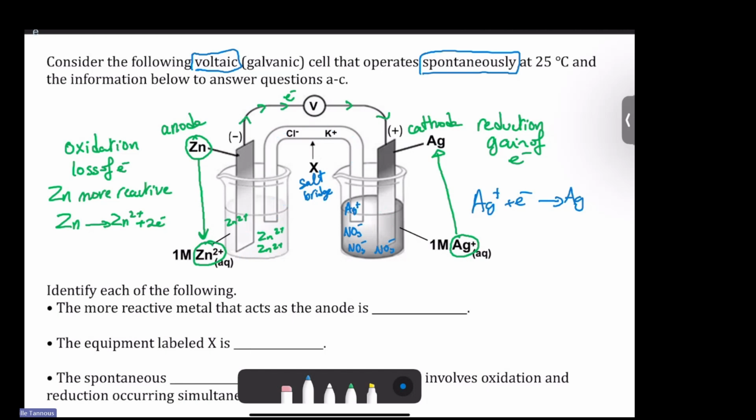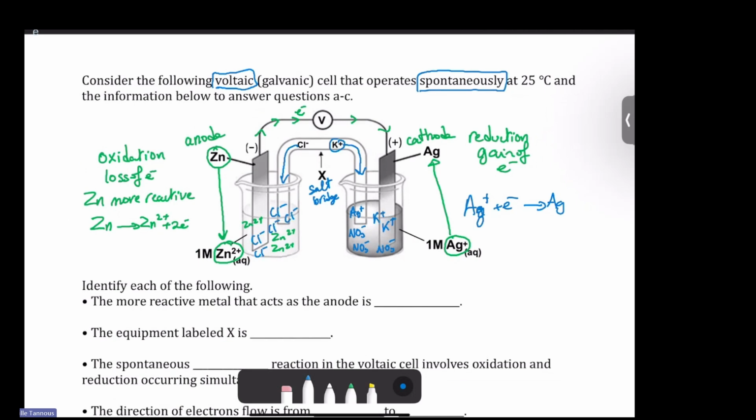Also, one more thing: electrons flow from anode to cathode, and when this cell operates, there's a current that flows from cathode to anode. An important thing we always ask our students: where do the electrons flow, through what?